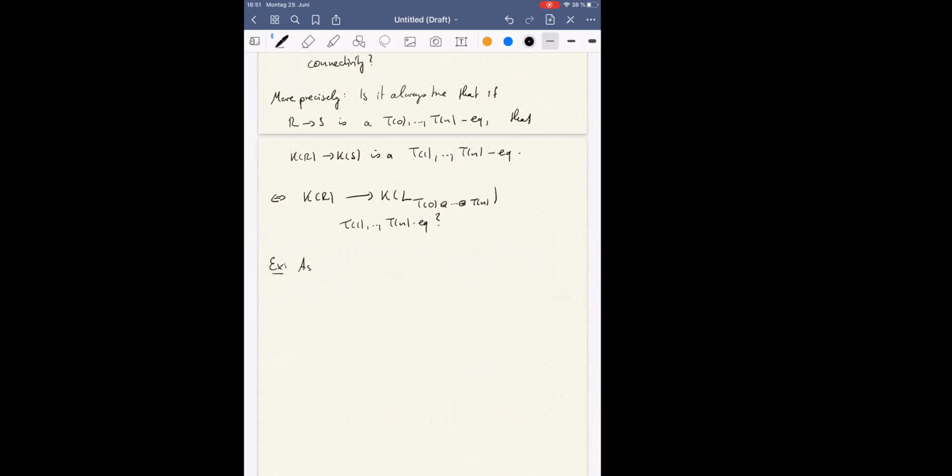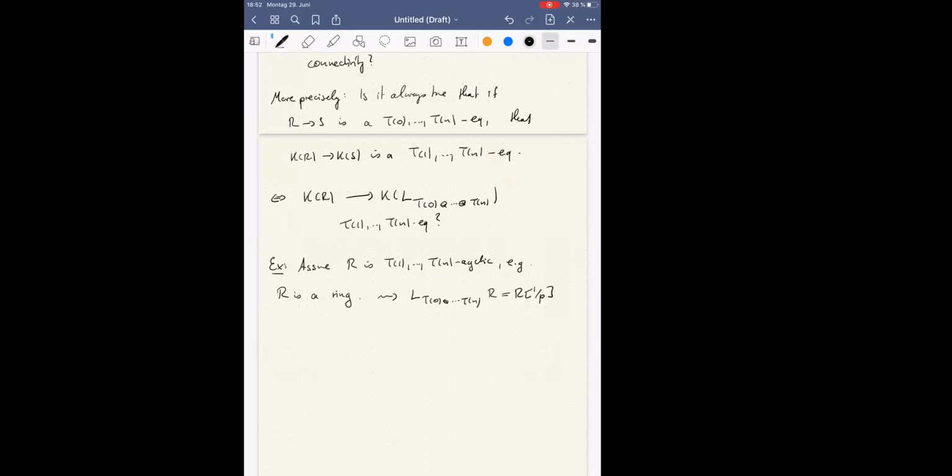So assume R is T1 to Tn acyclic, for example R is a classical ring. Then this big localization here is just the same as inverting P.